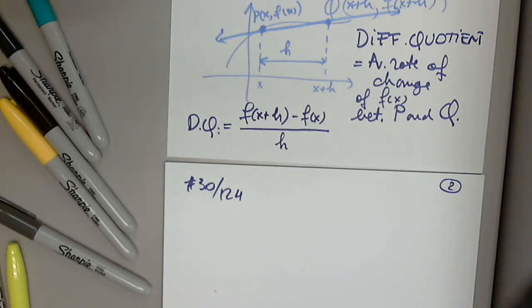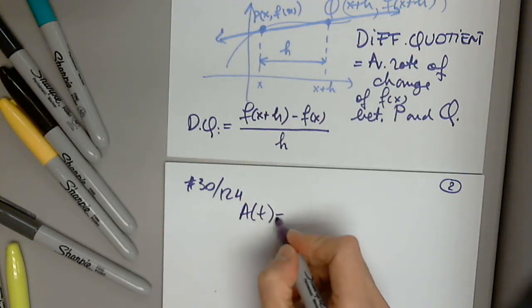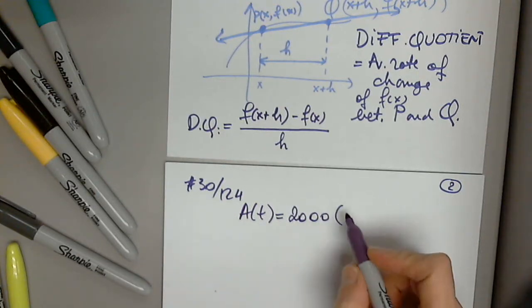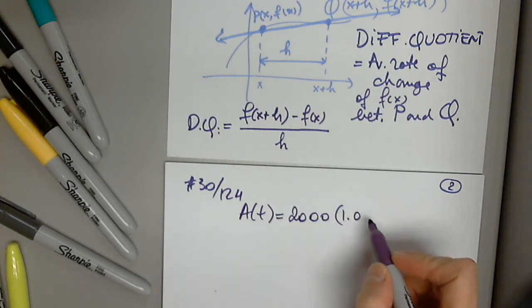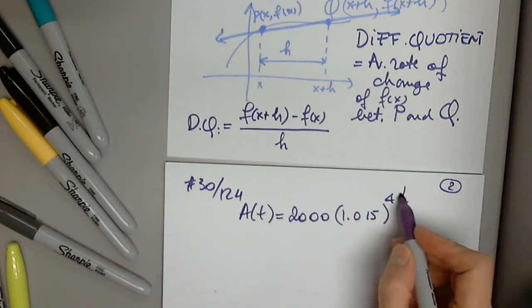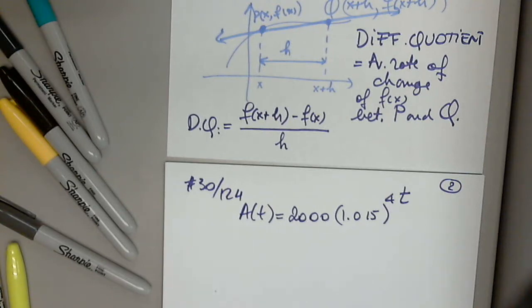Okay, problem 30. The amount of money A of t, let's copy, A of t equals 2,000, in parentheses, 1.015 raised to 4t. The amount of money A of t in a savings account that pays 6% interest.